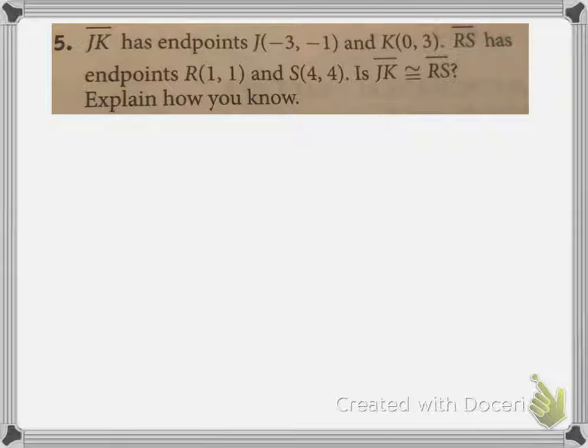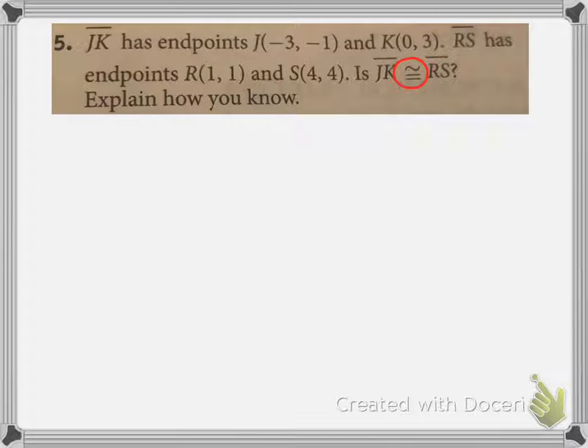Alright, so in this problem, we're interested in finding out if the segments are congruent, so we're going to check the distance between them. Remember that congruent means they're equal to each other.